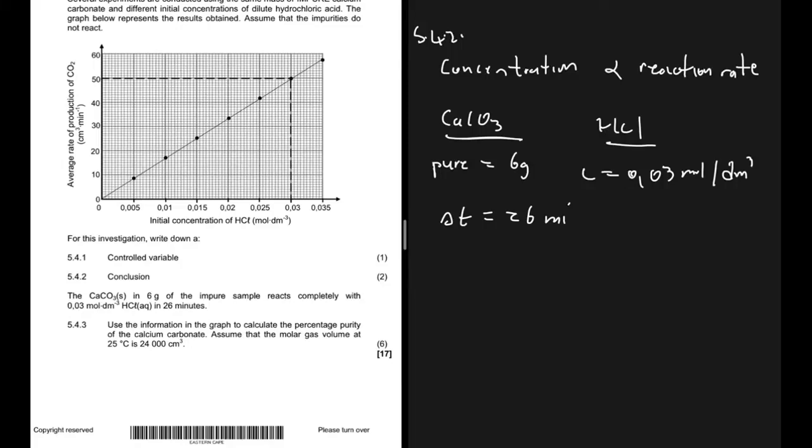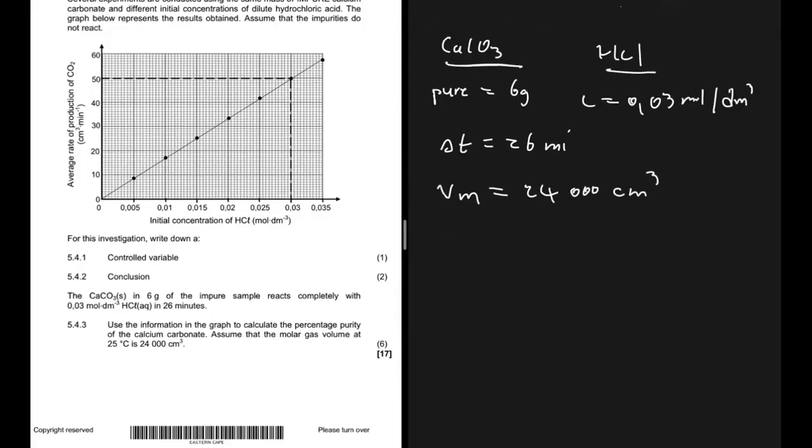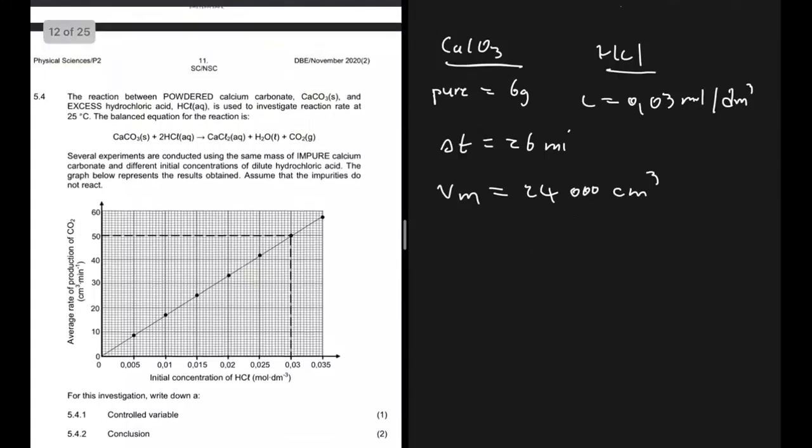Then they say, assume that the molar gas volume at 25 degrees Celsius is 24,000 centimeter cube. So, okay, let me just write down the equation again. So we have calcium carbonate plus 2HCl giving us, okay, let's ignore all the other products and just put CO2, right? Because CO2 is what we're interested in, because that's what we were measuring.